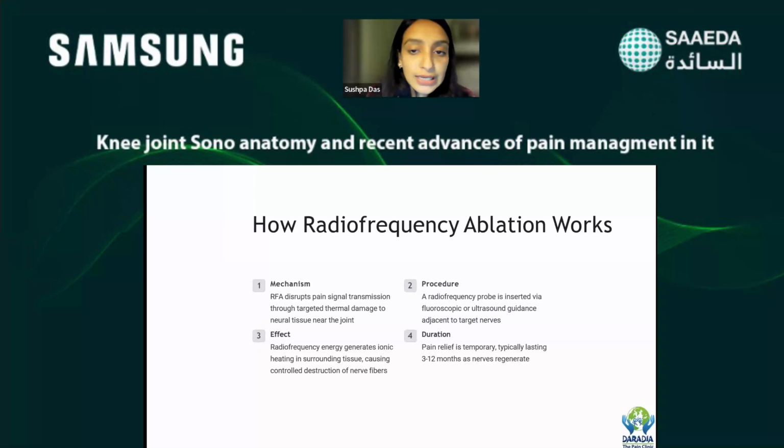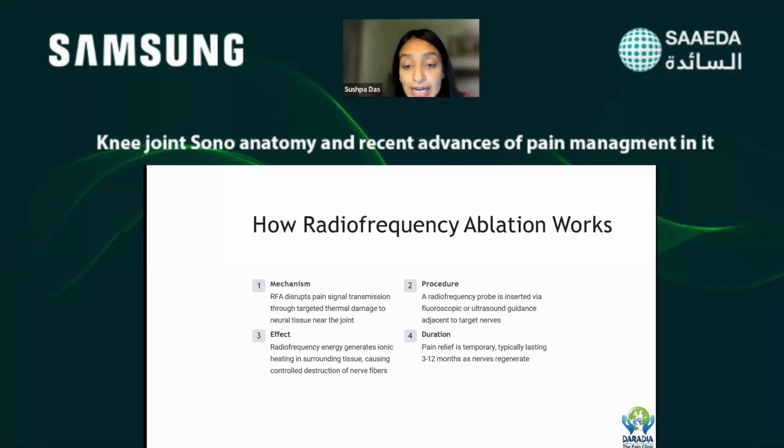So radiofrequency, how does it work? It causes disruption of the pain signals by causing a thermal lesion. And how to locate the nerves? The nerves can be located easily by using the ultrasound, and then we can also use the fluoroscopy to find out the nerves.